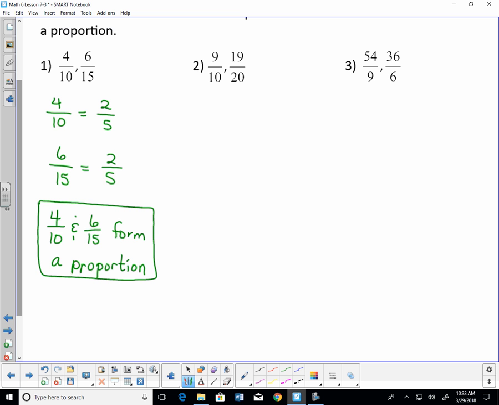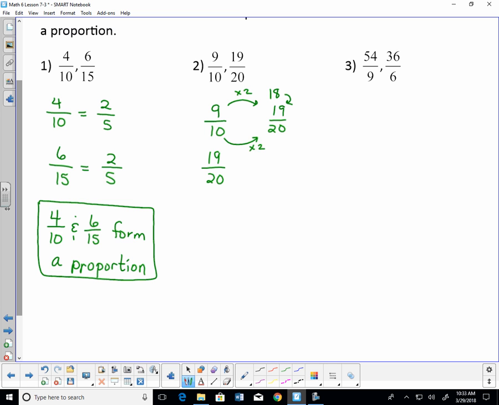Let's take 9/10 and 19/20. Well, 9/10 is reduced to lowest terms, and 19/20 is also reduced to lowest terms. If I compare them, if I multiply 10 times 2, I would get 20. But if I multiply 9 times 2, I do not get 19, I get 18. 18 does not equal 19.